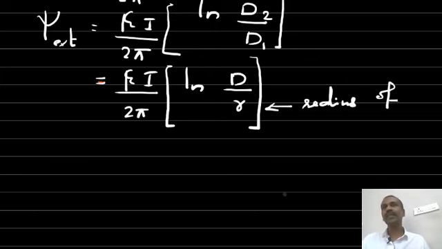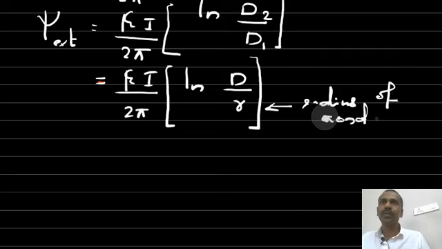The external flux starts from r, from the surface of the conductor. This is the total external flux.